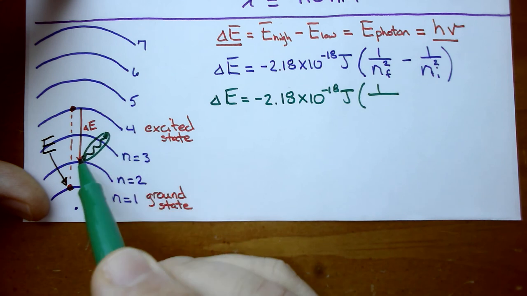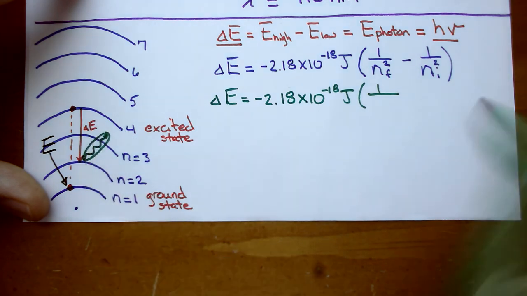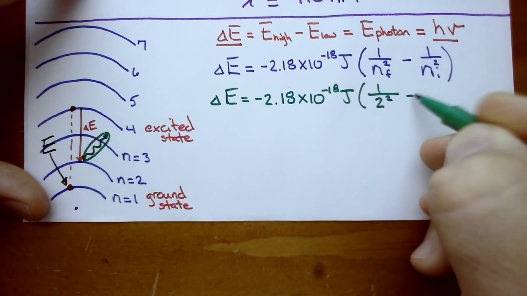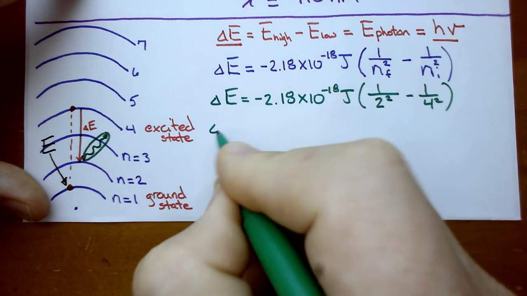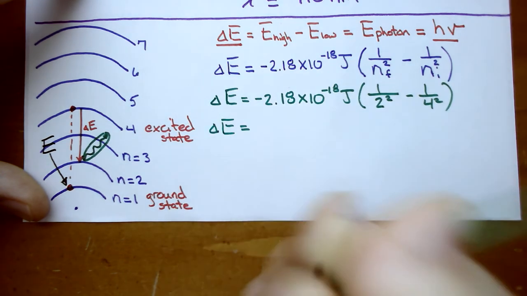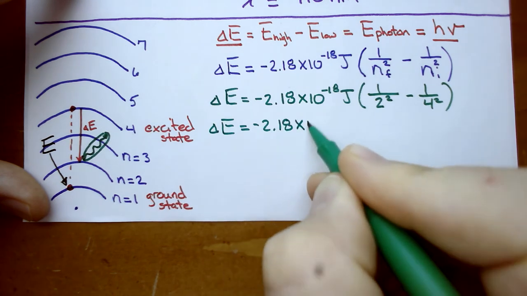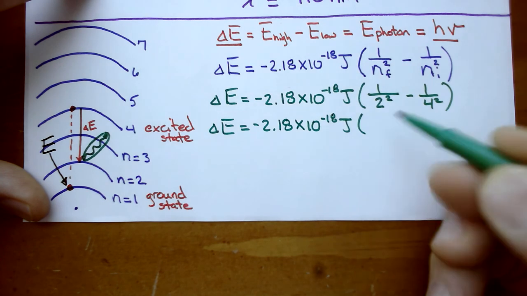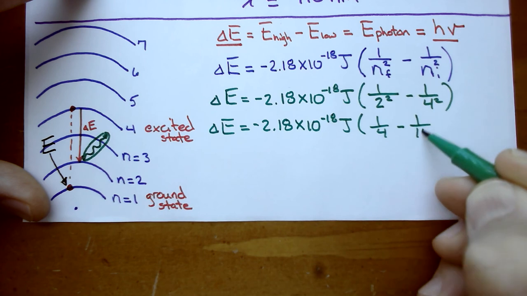In this case we're saying the energy change was energy level 4 to energy level 2. So 2 was the final, 1 over 2 squared minus 1 over 4 squared. So my delta E is equal to a negative 2.18 times 10 to the negative 18 joules times 1/4 minus 1/16.